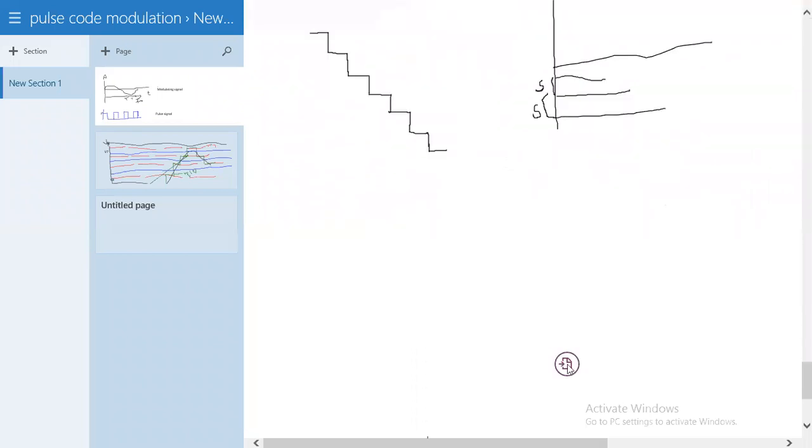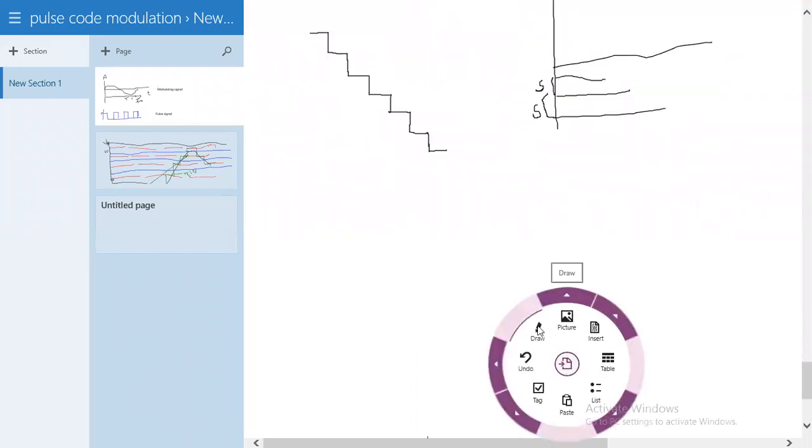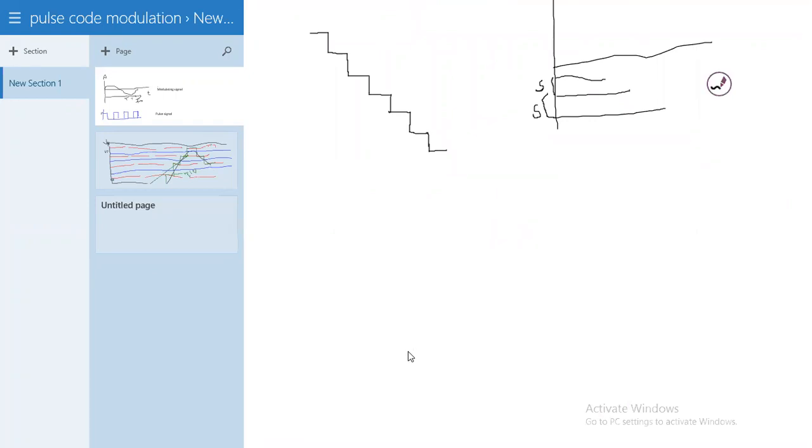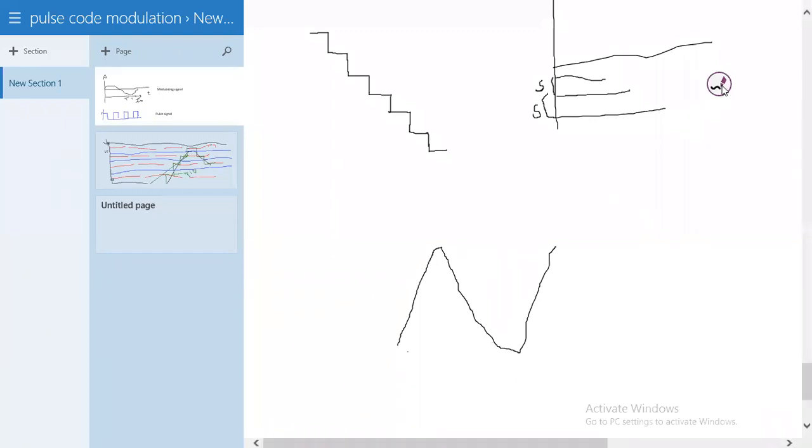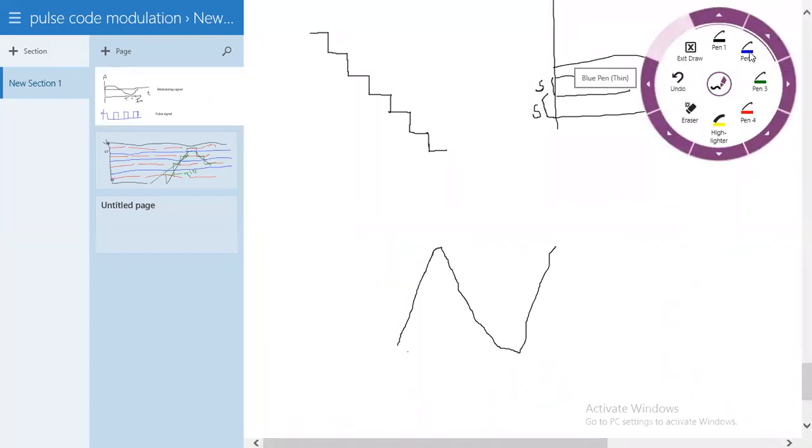So here we can take one signal. Here I represented a very steep signal. Let us assume this is our signal. Then we can apply uniform quantization. Uniform quantization means the step size is constant. So in this one, approximately I will draw.